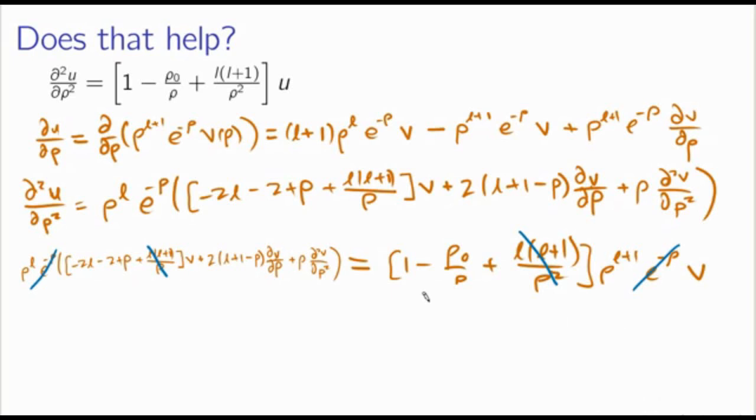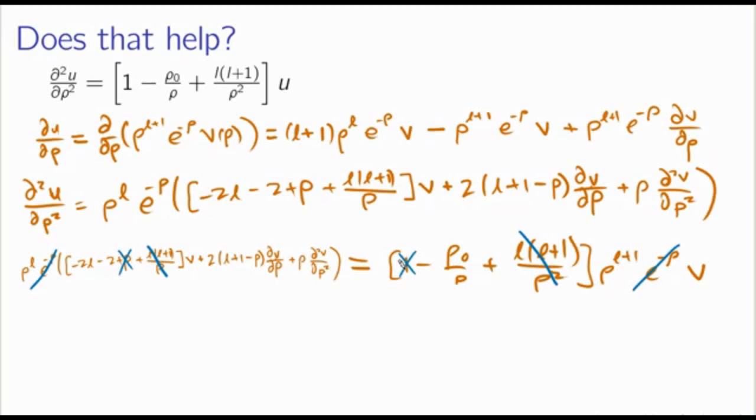Finally, we have a 1 here multiplied by a rho to the L plus 1 and a rho here multiplied by rho to the L. Those are also going to cancel out. Since, if we actually expanded them out, they would have the same power. This would be rho to the L plus 1. This is going to be rho to the L plus 1. So we've lost this term as well.